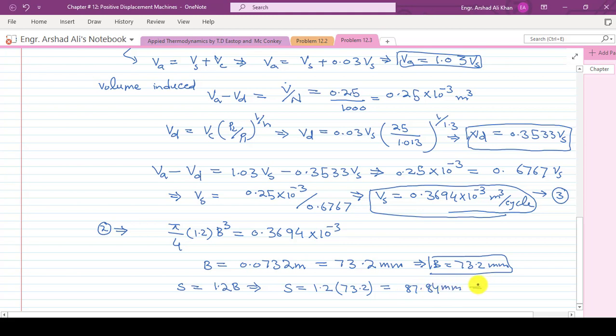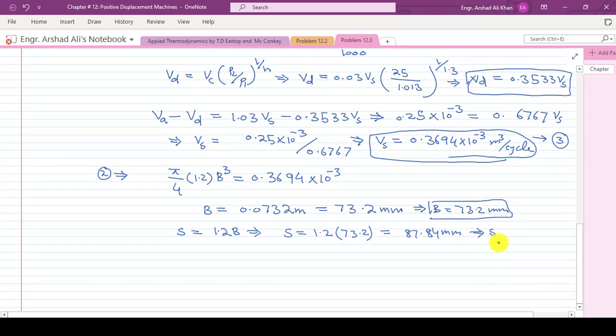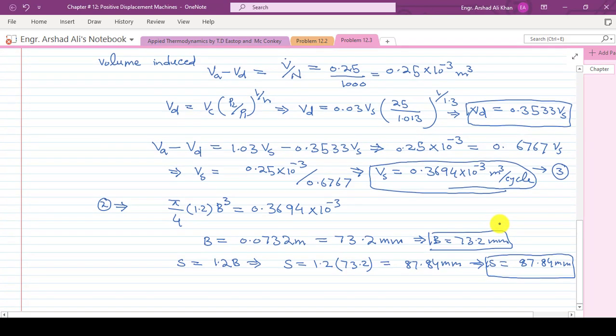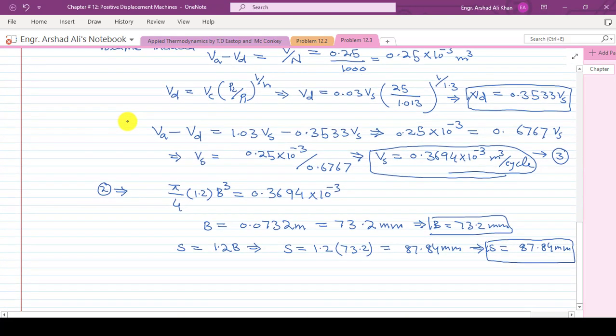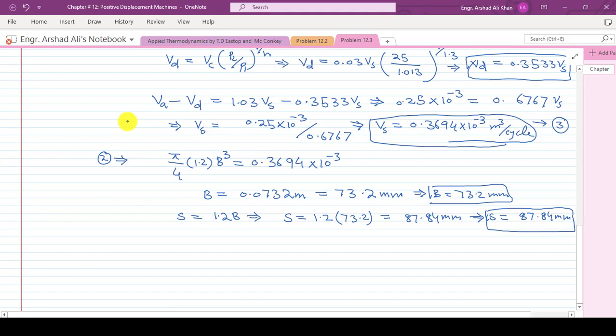So the value of S is equal to 87.84 millimeter. So part 1 has been solved. Part 1 was started from here, in which bore and stroke were required. We found those values.